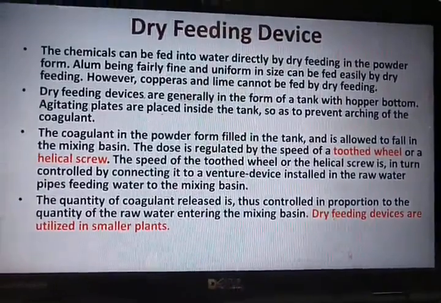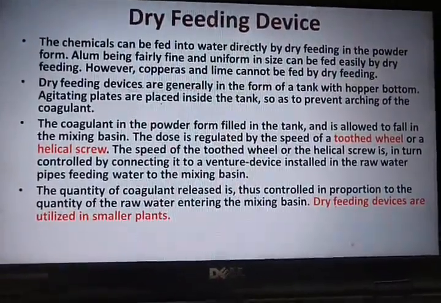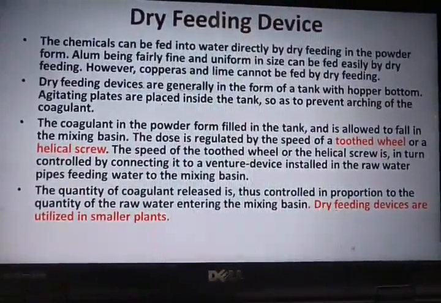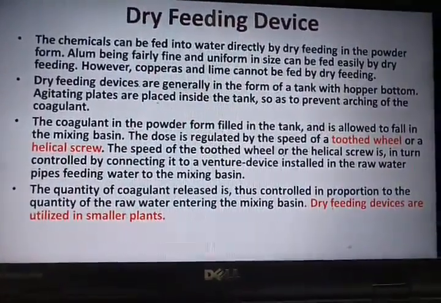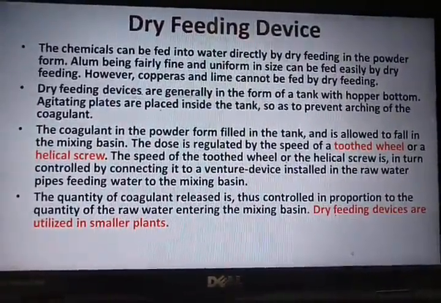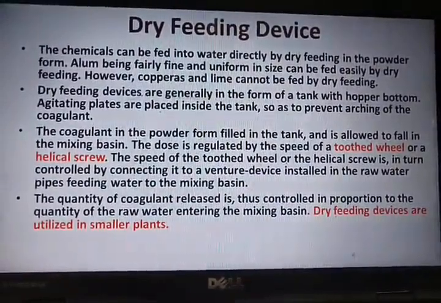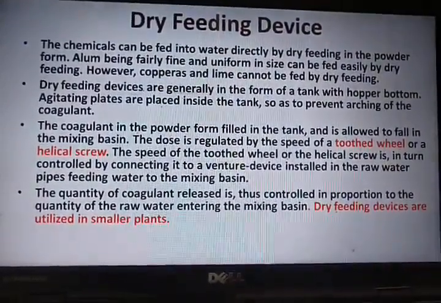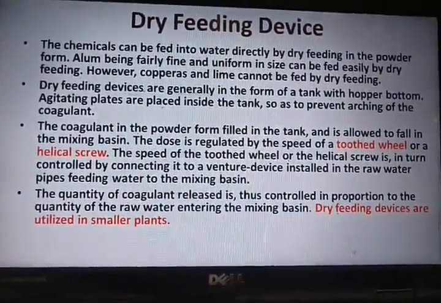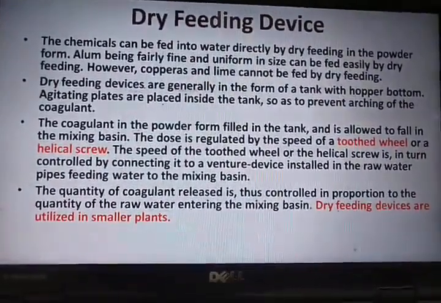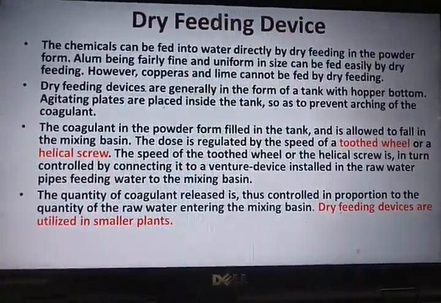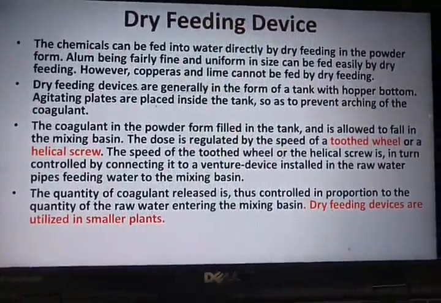For example, alum is readily soluble in water, and alum in the form of small briquettes or big blocks can be directly added to the water in a sedimentation tank with the dry feeding devices, which are made up of a tooth wheel or a helical screw type to powder the alum so that it has better contact with the water and facilitates better mixing.